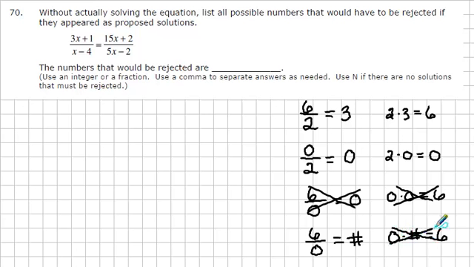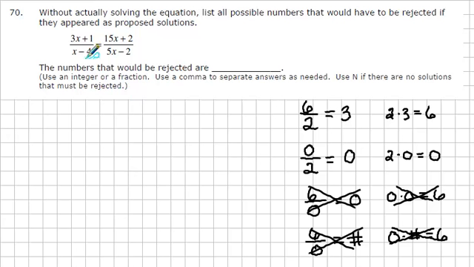So 6 divided by 0 is not defined. 6 divided by 0 is not any number at all. So we need to use this idea to help us solve this problem. We need to make sure that once we substitute in a value of x that it does not cause division by 0, because if it does, then the number would have to be rejected.